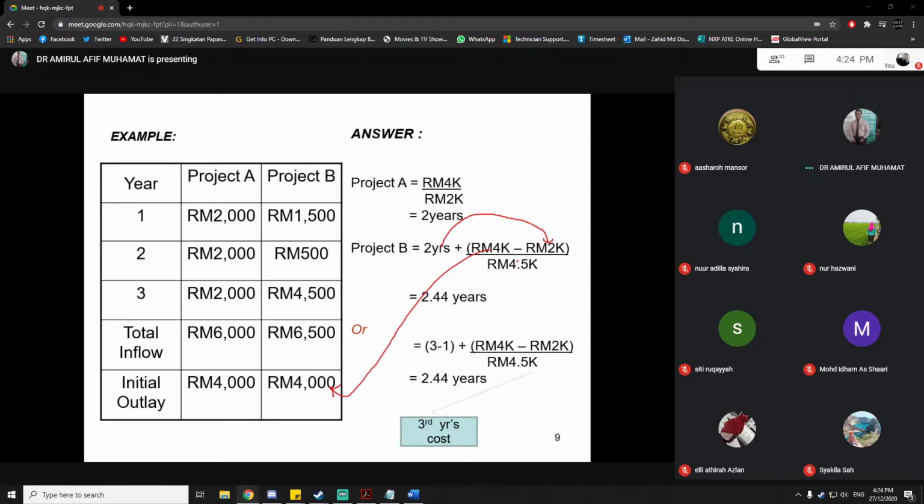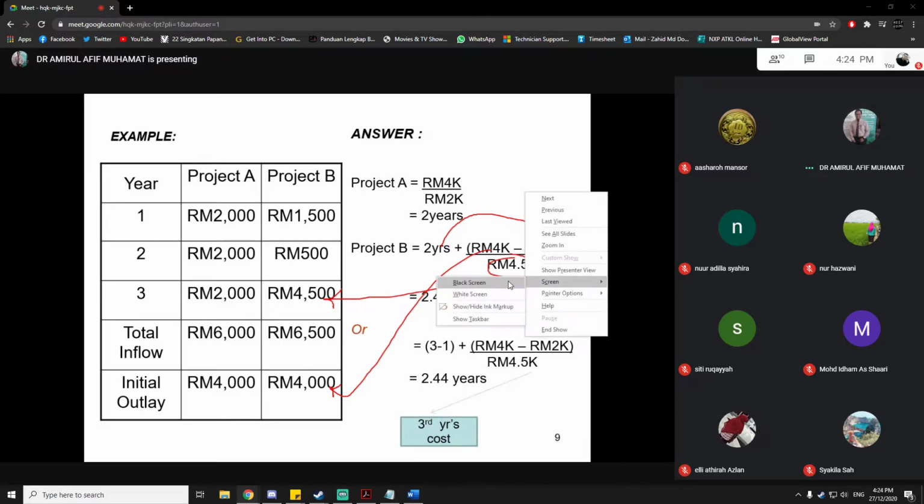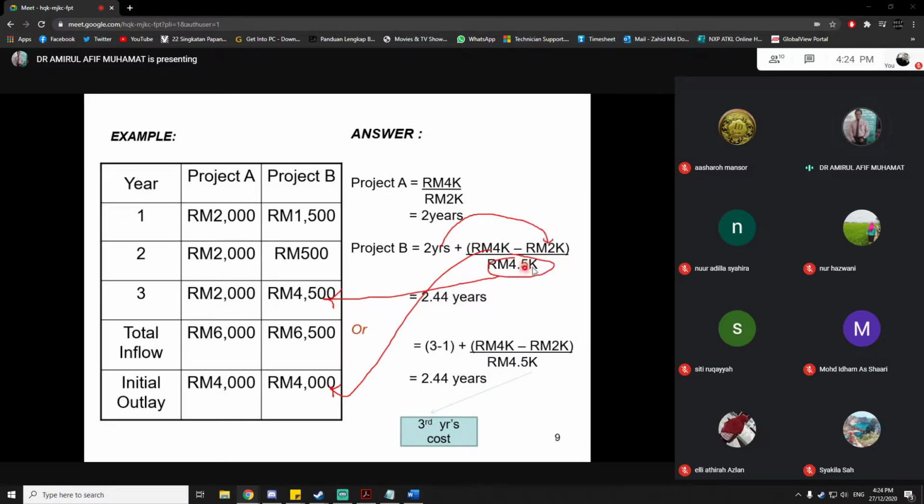Here is the remaining amount. The 4,500 is the remaining amount plus profit. So 2 years plus 4,000 initial outlay minus the amount that the company has covered, as indicated here. So 2 years is equal to 2,000.